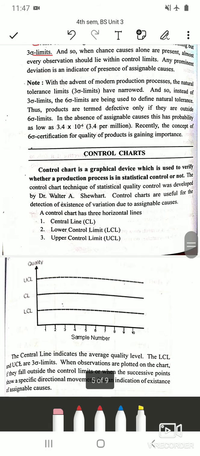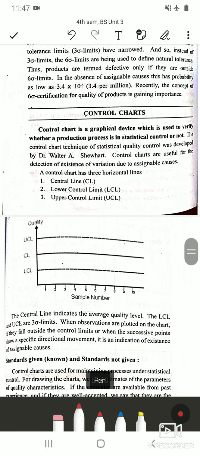Now we will see what a control chart is. A control chart is a graphical device which is used to verify whether a production process is in statistical control or not. So we decide whether the process is under control or not by using a graph, which is called a control chart.